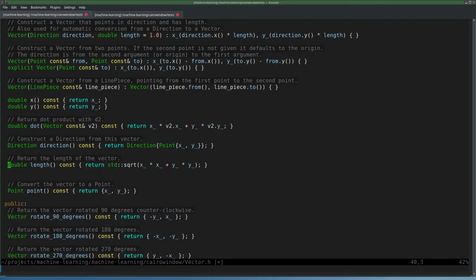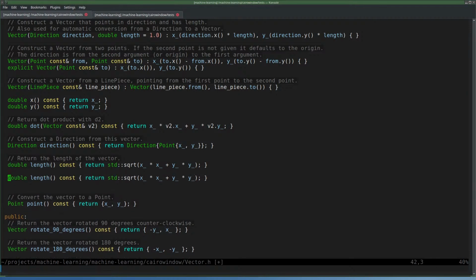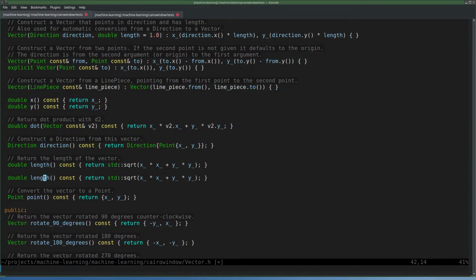I'll just add it, the way I named it then. Length squared.